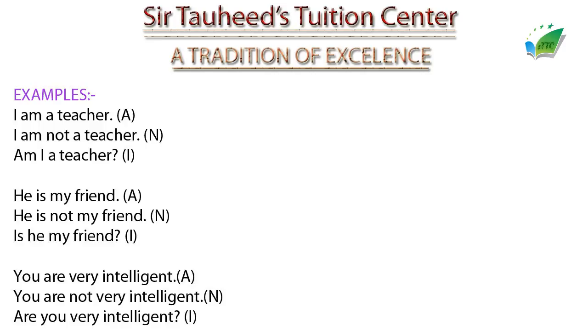The next one we have, I am not a teacher. Since there is not after am, it implies that this sentence is negative. So whenever you have to create a negative sentence, you have to put not after am in this case, or after any be form actually.